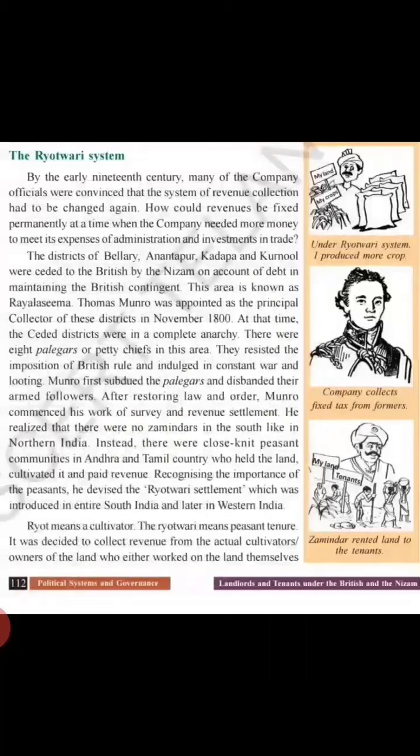This area is known as the Rayalaseema region. The control of these districts was given to the British by the Nizam because they were unable to pay the amount.